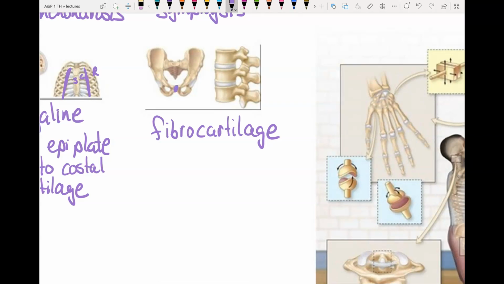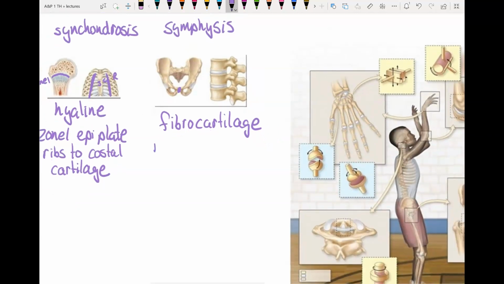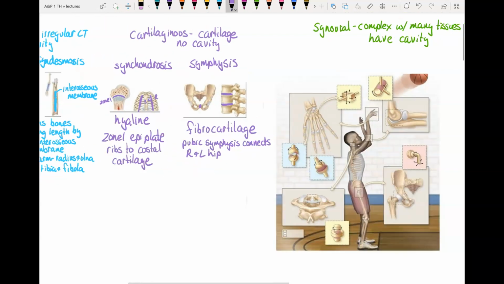And right here in the front, they are connected to each other by the pubic symphysis. Then in your back, you have an intervertebral disc between each of your vertebrae. Those are a type of symphysis joint.